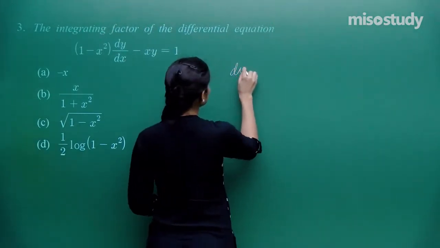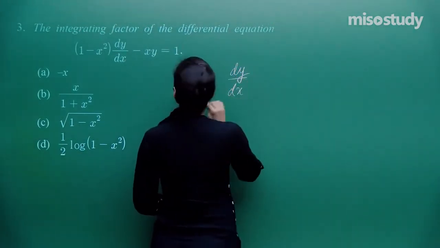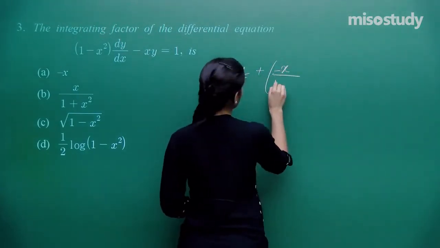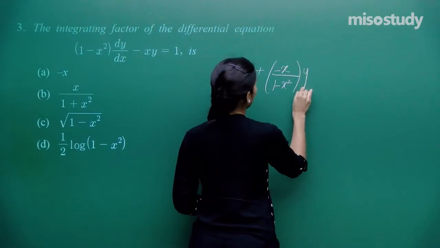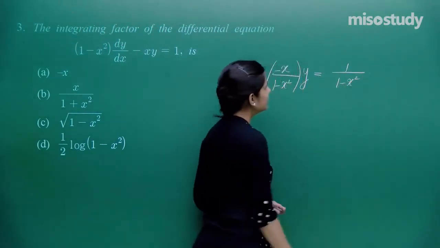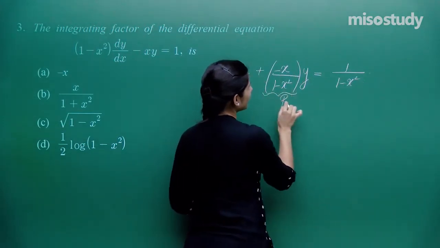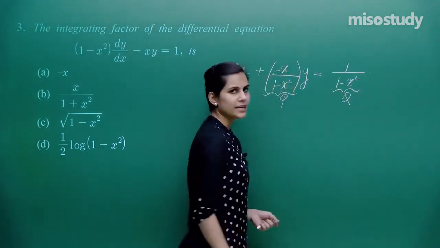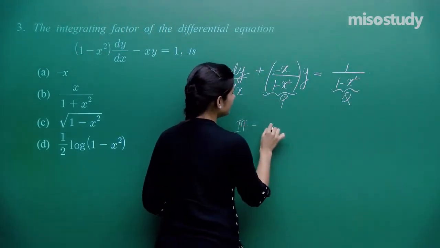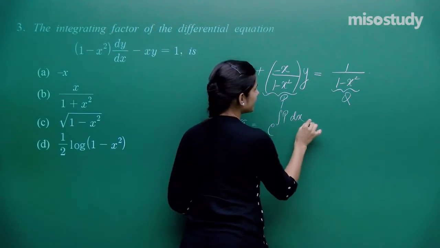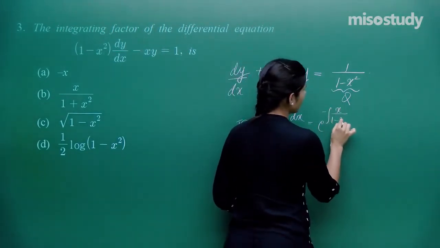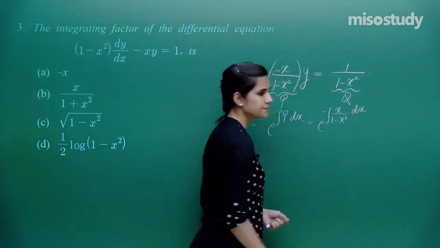I am going to rewrite this as dy by dx plus minus x upon 1 minus x square y equals 1 upon 1 minus x square. dy by dx plus py equals q, where p and q are functions of x. Integrating factor is e to the power integration of p dx, e to the power integration of minus x upon 1 minus x square dx.